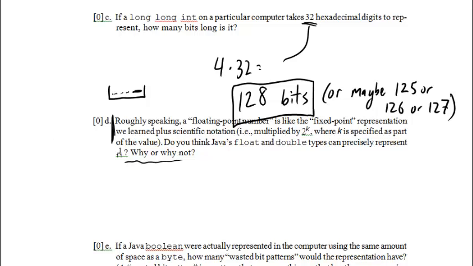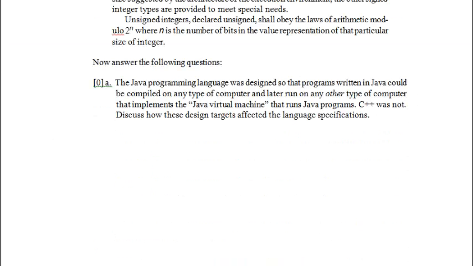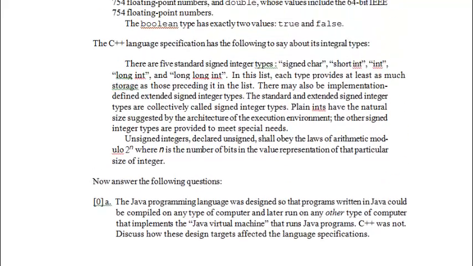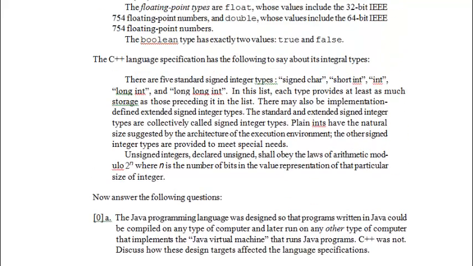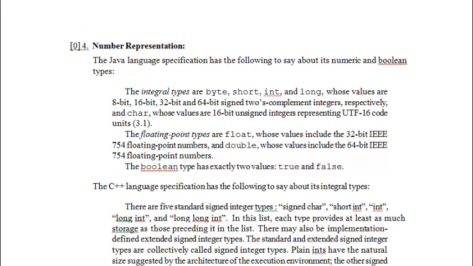But let's just double check quick. I'm just going to skim the Java specification, which I think was given up above somewhere. The Java language specification has the following to say about its numeric and Boolean types.